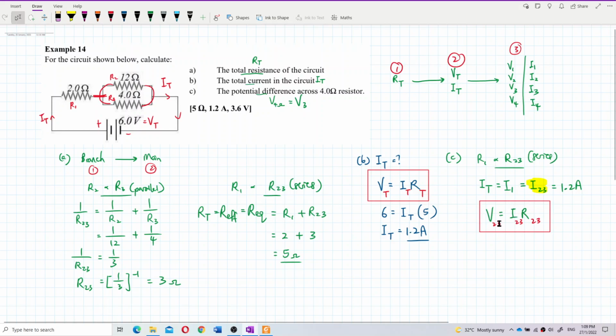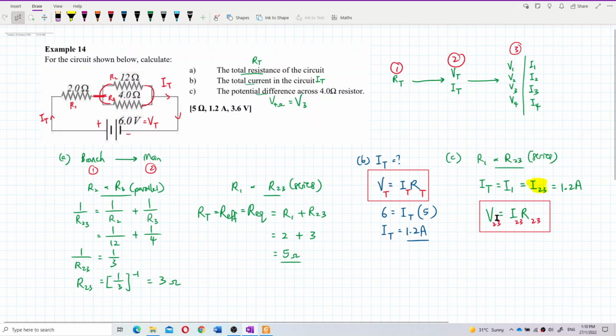First you find voltage across 2, 3. Why do I find voltage across 2, 3? Because I already have the current 2, 3 and also resistance 2, 3, so I can find voltage 2, 3. This voltage 2, 3 has the closest relationship with voltage across 3. Understand? Always find something that is closer in relationship.